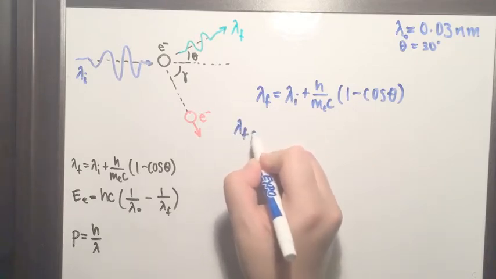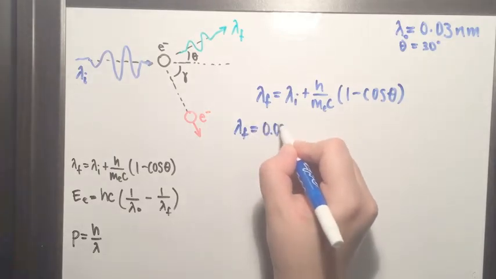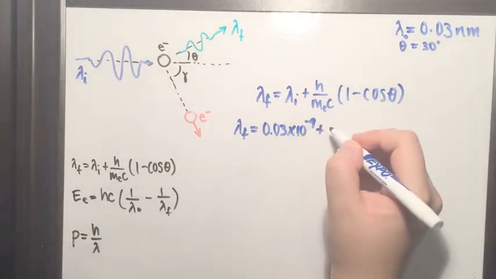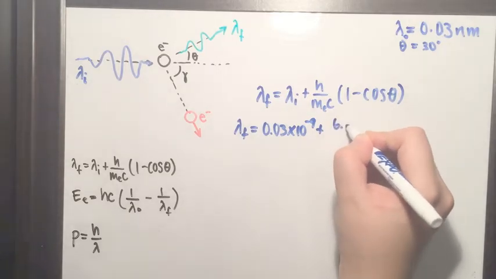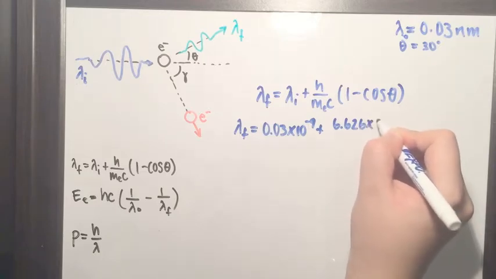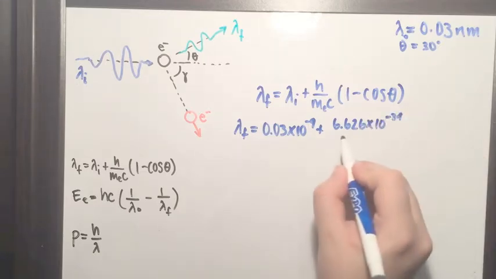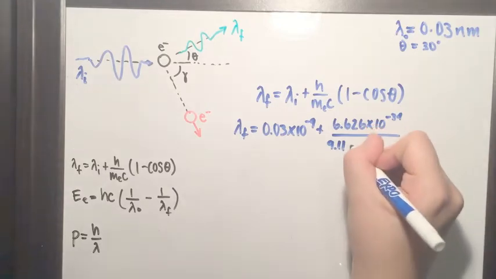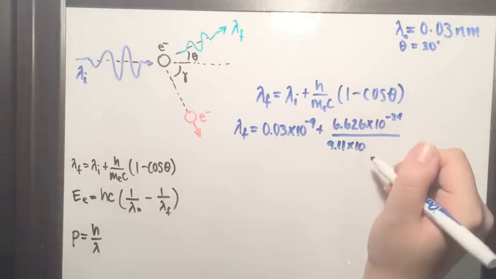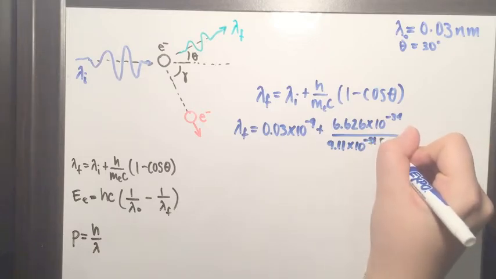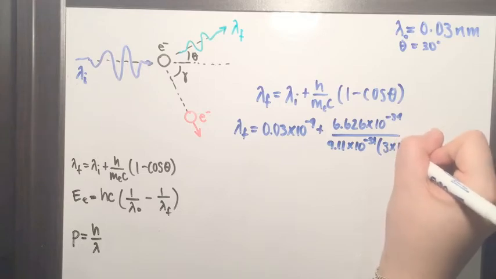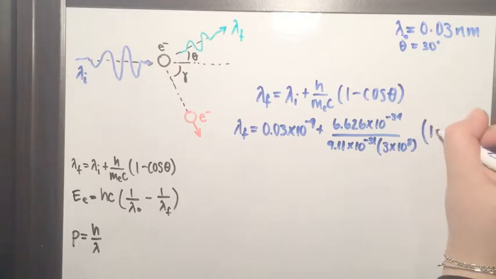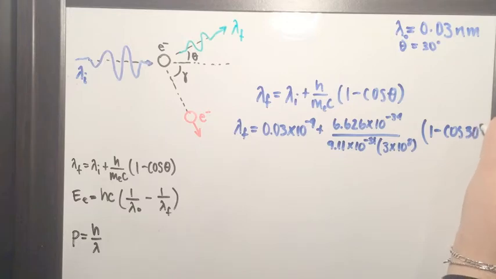Lambda final is equal to 0.03 times 10 to the minus 9 plus Planck's constant, 6.626 times 10 to the minus 34, over the mass of the electron, 9.11 times 10 to the negative 31, times the speed of light, 3 times 10 to the 8, multiplied by 1 minus cos 30 degrees.